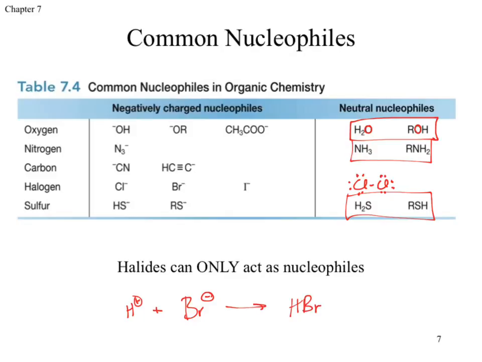What can you tell me about HBr? It's a strong acid, which by definition means it turns into the ions. We don't see our halogens act as bases because they immediately form strong acids and immediately spit the hydrogen off, doing the reverse reaction. So your halides are nice because they will only act as a nucleophile. Does that change depending on what solvent is? Nope.